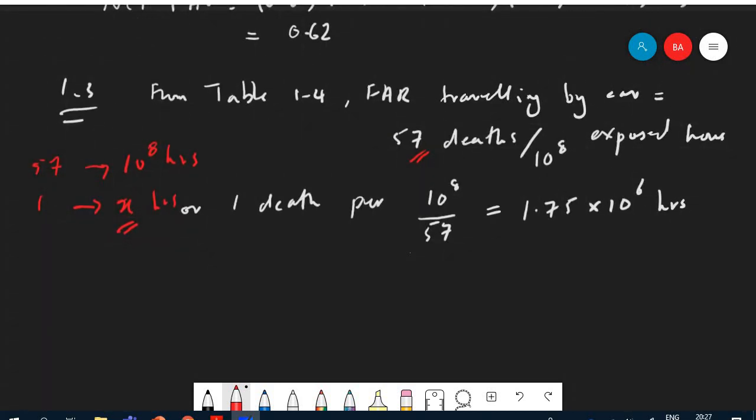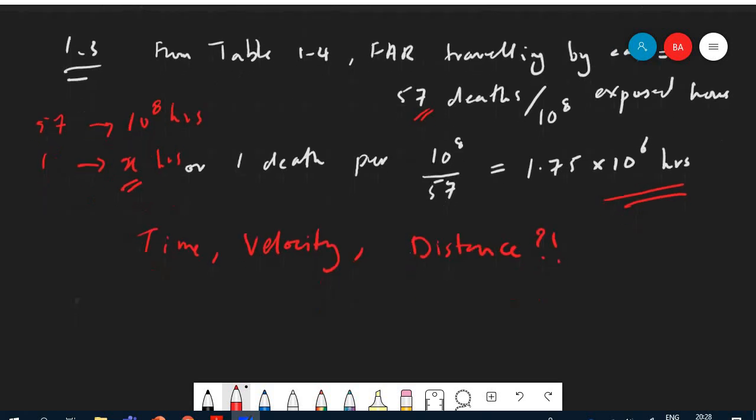Now that we have the number of hours, which is time, and we are already given the velocity, and they are asking about the distance, we know the relationship between these three.